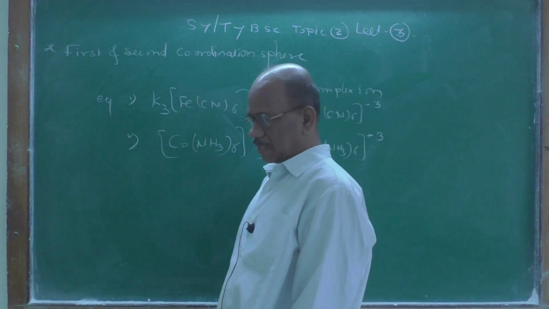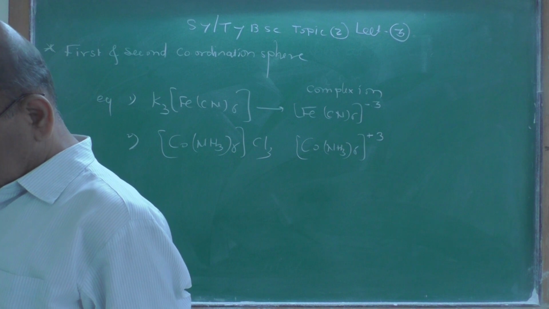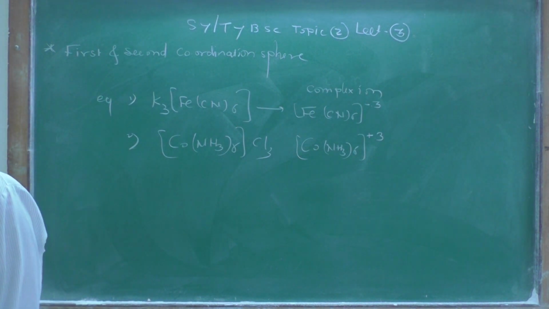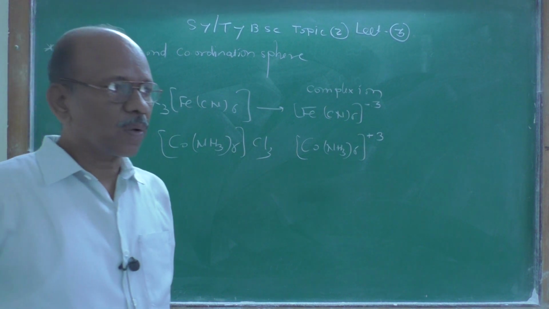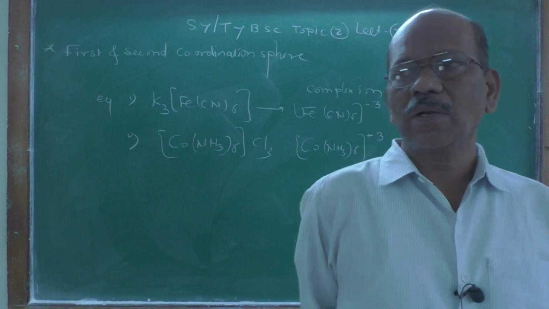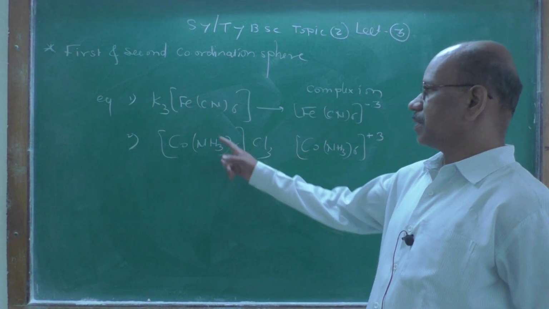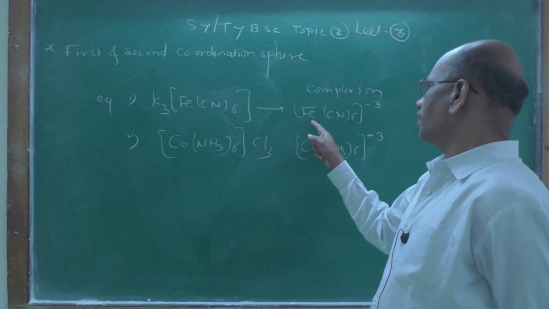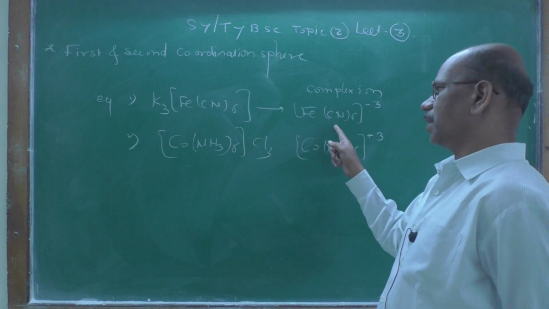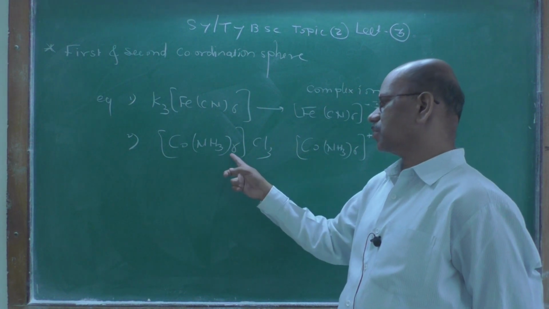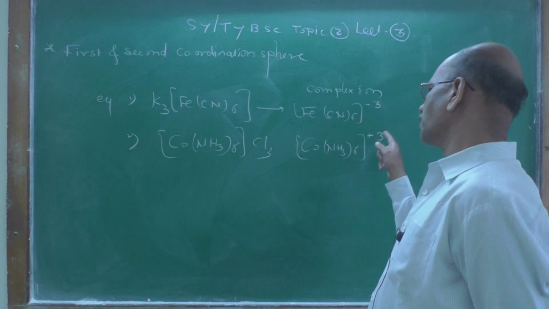When you consider the concept of first and second coordination sphere, the first coordination sphere of the complex is denoted by enclosing the complex ion formula in square brackets. Here in square brackets [Fe(CN)6] minus 3 is there, so it belongs to the first coordination sphere. Now here [Co(NH3)6]Cl3, again it is a complex ion, [Co(NH3)6] plus 3.